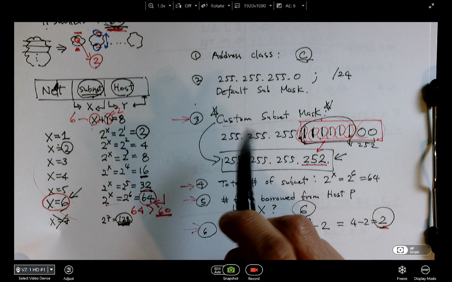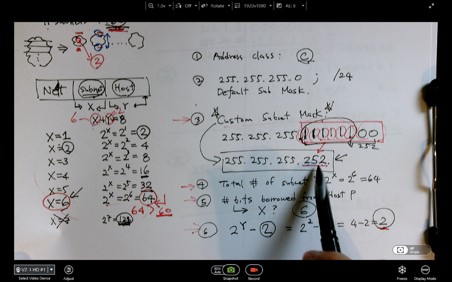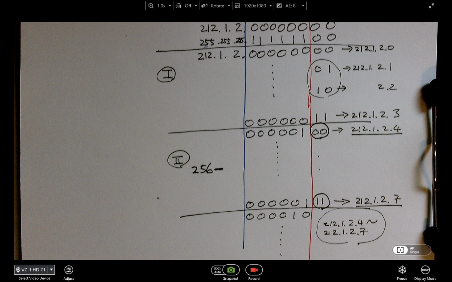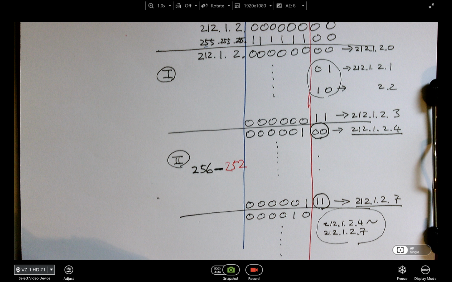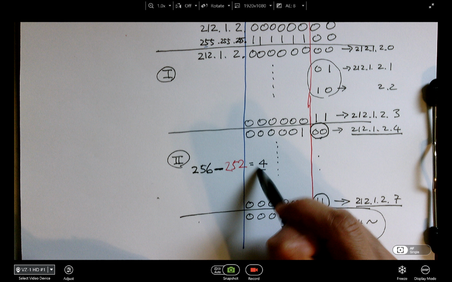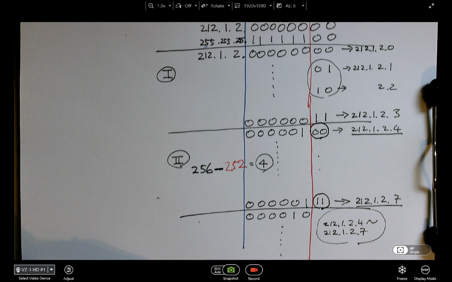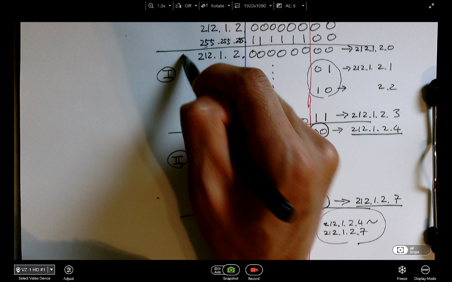Your custom subnet mask is what? 252. So if you use the formula, 256 minus 252, right, is what? 4.